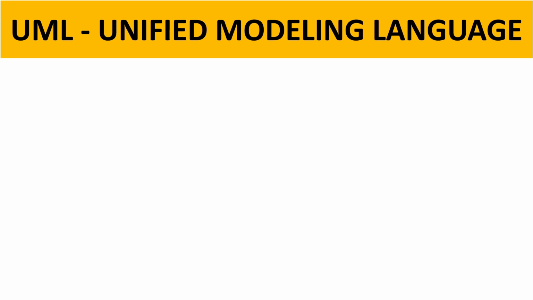So you can simply use UML because it provides a common language for developers, analysts, and stakeholders. If you want to enhance your system understanding and communication, you can use UML. UML supports OOPS principle, that is object oriented programming principles.